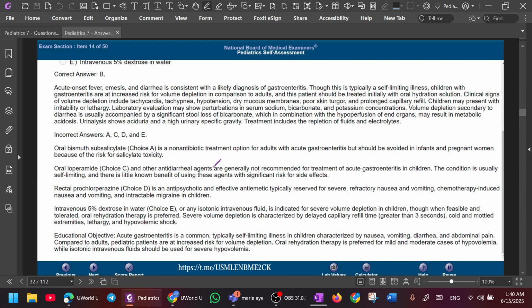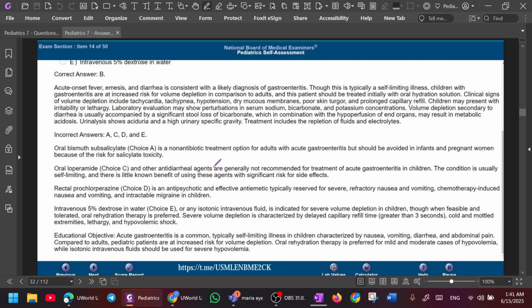Rectal prochlorperazine is an antipsychotic and effective antiemetic, typically reserved for severe refractory nausea and vomiting, such as chemotherapy-induced nausea and vomiting, and intractable migraine in children.